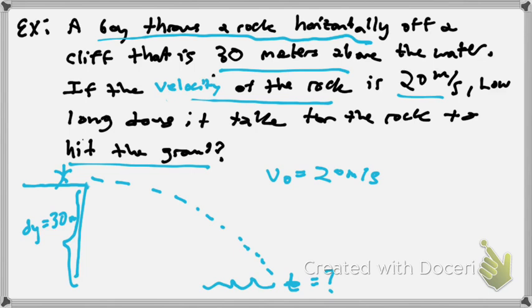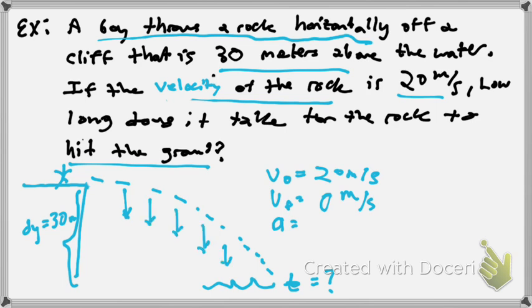So v initial is 20 meters per second. V final is equal to what? Once it hits the water, it's going to have 0 meters per second, so 0 speed. We know that the acceleration is always going to be downward because of gravity.